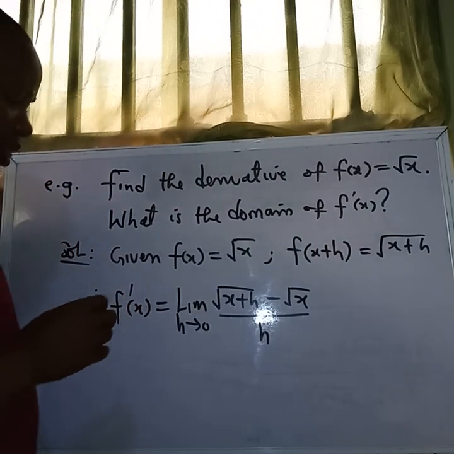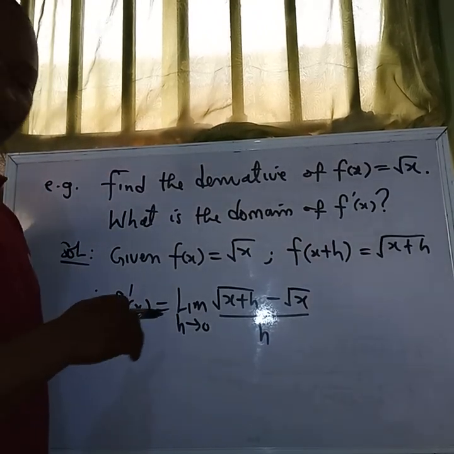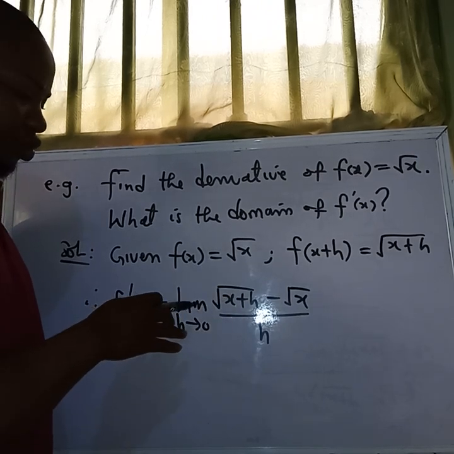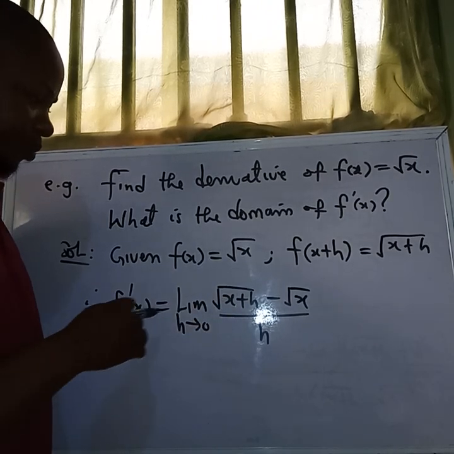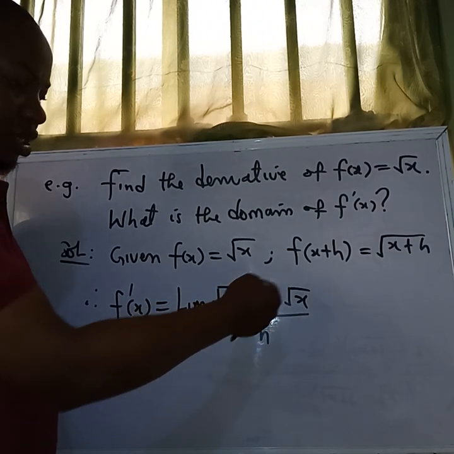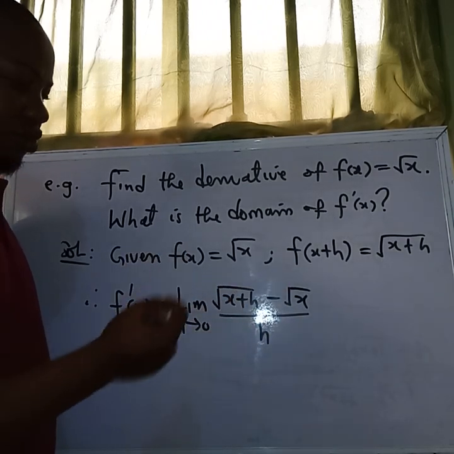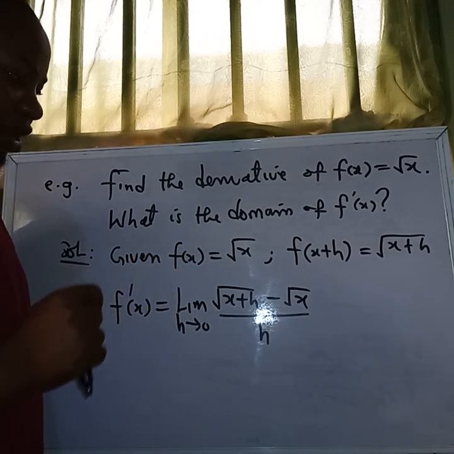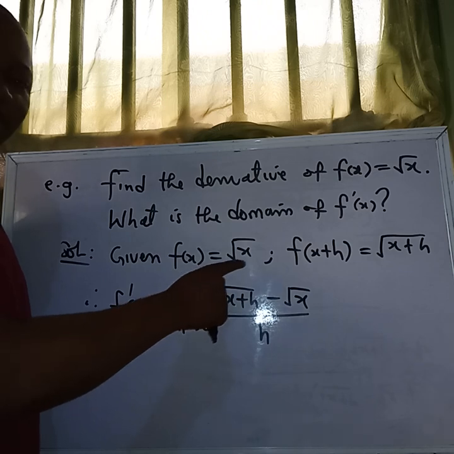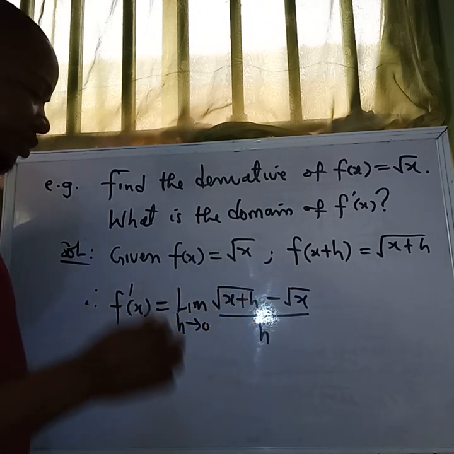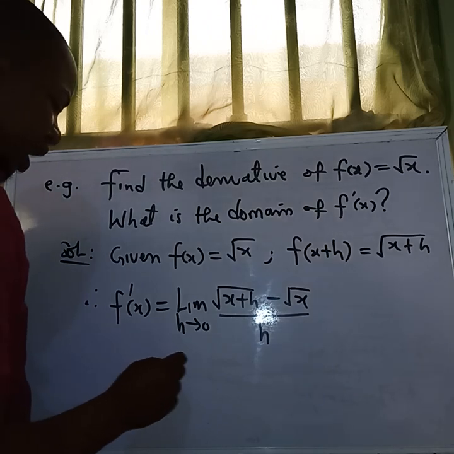If we do direct substitution here, putting h to be 0 gives 0 over 0, which is indeterminate. In order to avoid that, we first rationalize this term before we evaluate. How do we rationalize?